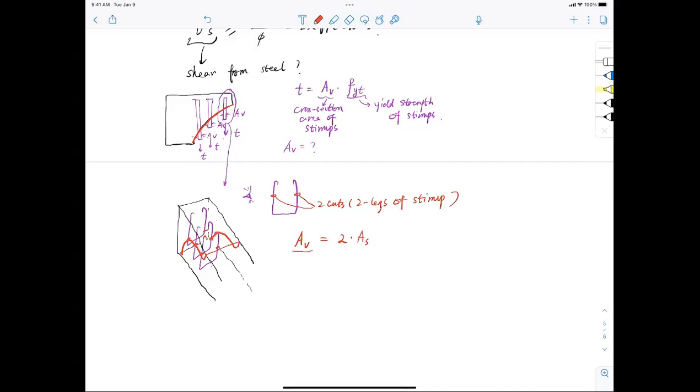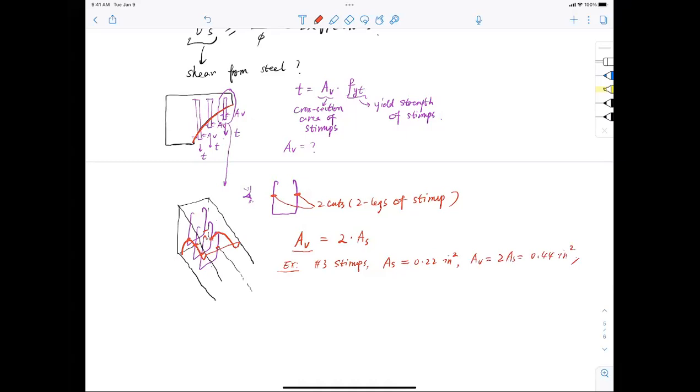If I have number 3 stirrups, and usually stirrups are either number 3 or number 4, for number 3 bar size the AS for each leg should be 0.22 inch squared. If you don't remember this, go back to your table and find this number. And now for the shear calculation, AV is then 2 legs, so 2 multiplied by AS, that is equal to 0.44 inch squared.